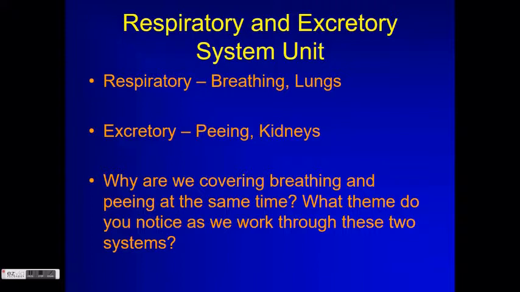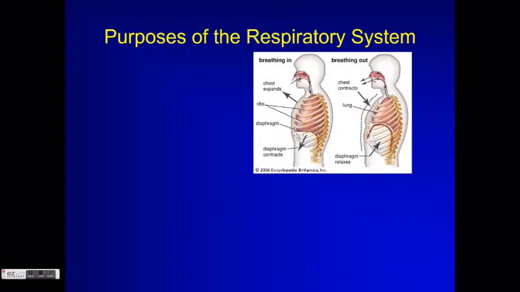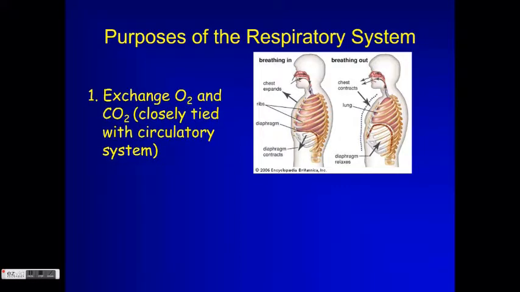First, purposes of the respiratory system. One of the purposes of the respiratory system is to exchange oxygen and carbon dioxide gas, to bring oxygen into the body and to get rid of carbon dioxide gas that we produce. This means that the respiratory system is going to be closely tied with the circulatory system.